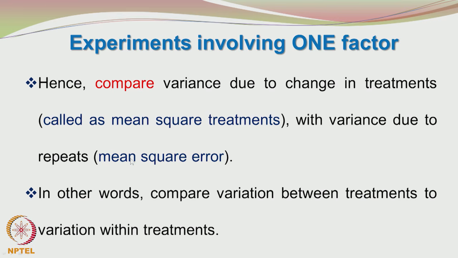Remember that we are considering only one factor, and it may have different levels or different treatments. For example, fertilizer A can be one treatment to the land, and fertilizer B can be the second treatment to the land, and so on. Essentially, as I said earlier, we are comparing the variation between treatments to the variation within the treatments.